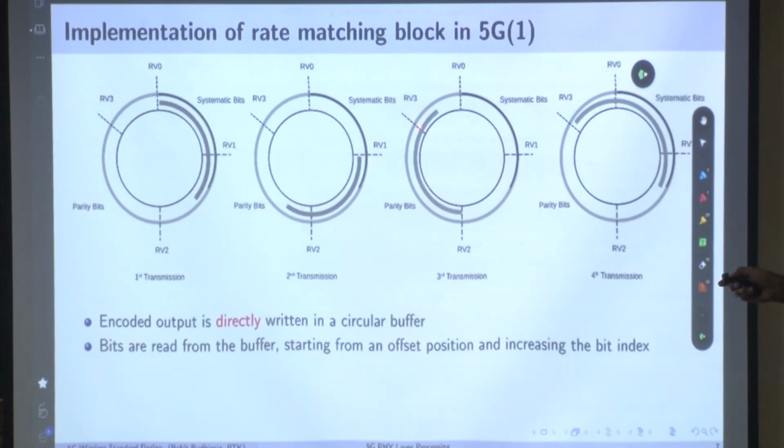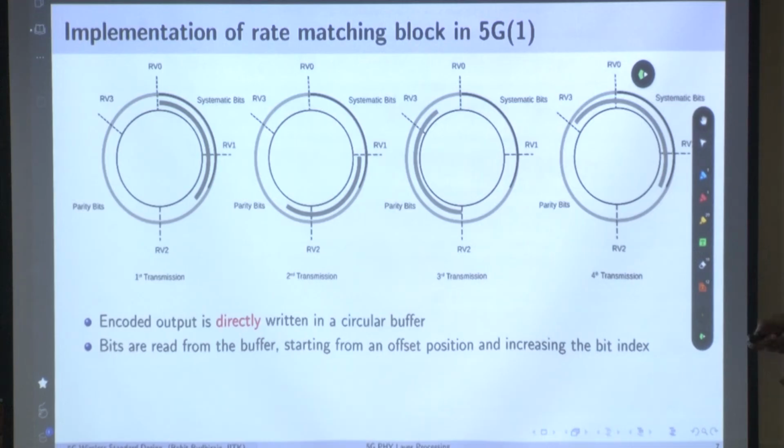You read this, and this is E, it will send that. Then if RV3, it will happen like this. See this, now the circular buffer is kicking in, because you have to read a few new bits and some of the old bits. When I send the first RV, I am sending only E bits, and the rate is matched.